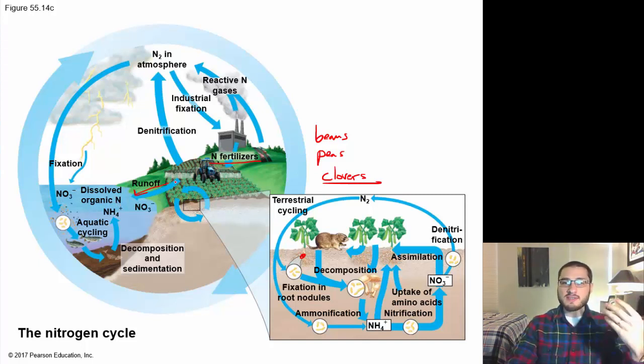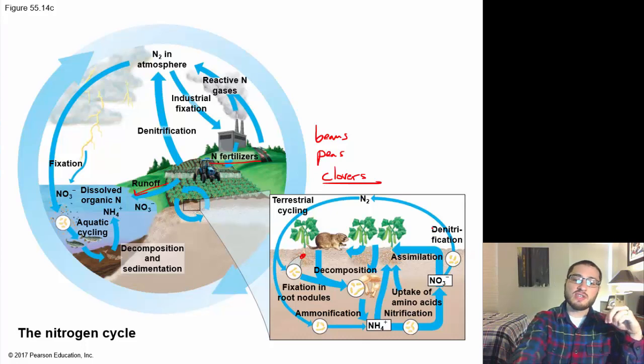But in a typical situation, where we're not talking about how humans throw things off, you see that the cycle involves the fixation of the nitrogen, then ammonification, then nitrification, and then eventually, once that happens, denitrification.